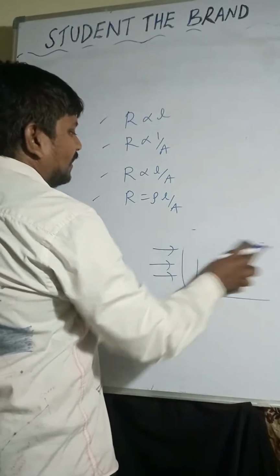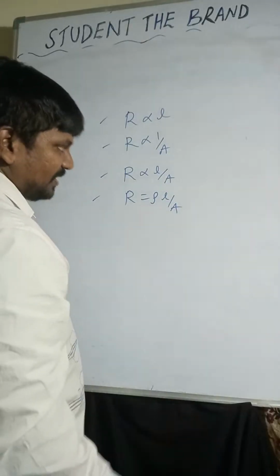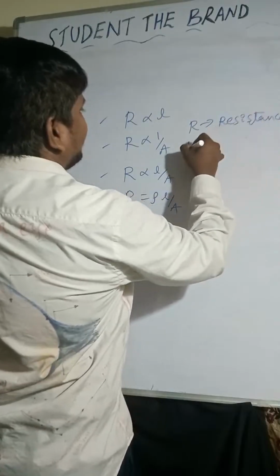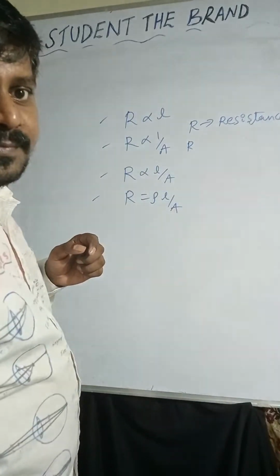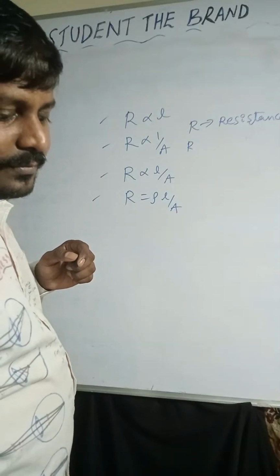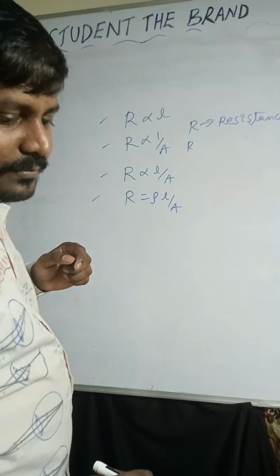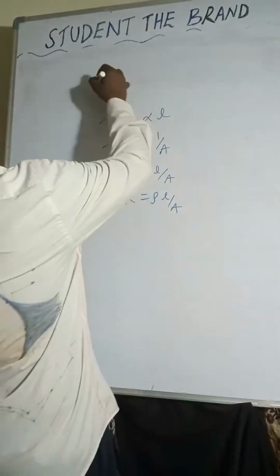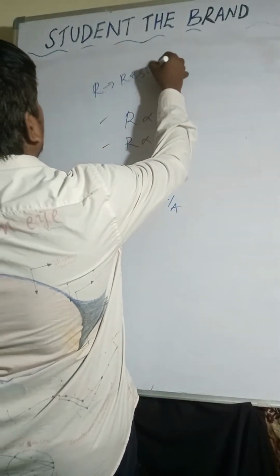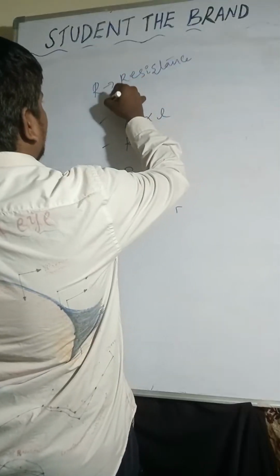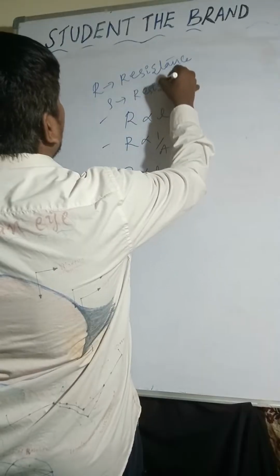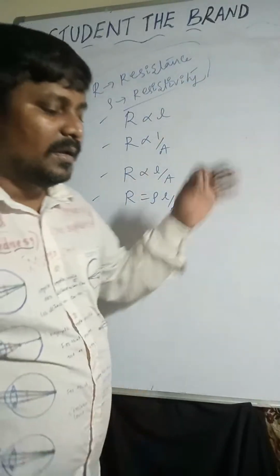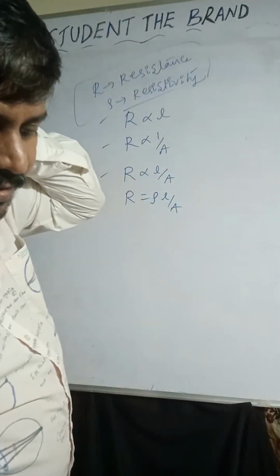Now, here R is the resistance, rho is the resistivity. Okay. Now you can observe.